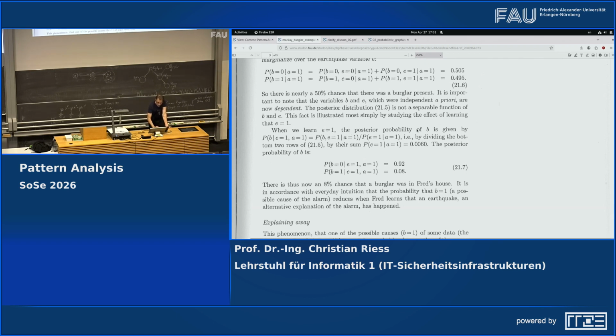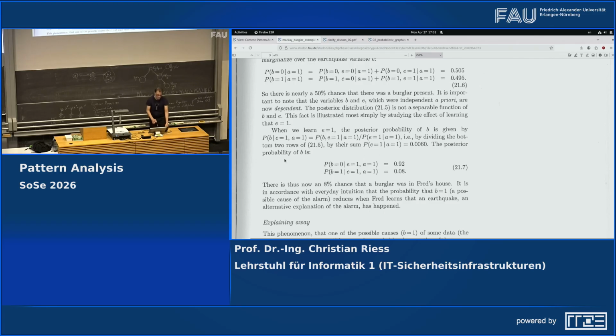Then the posterior probability of having a burglar is given by the probability there was a burglar given there was also an earthquake and the alarm went off. So this is the probability there was an earthquake, the alarm went off given there was a burglar, the earthquake given the alarm went off, divided by the total probability there was an earthquake and the alarm went off.